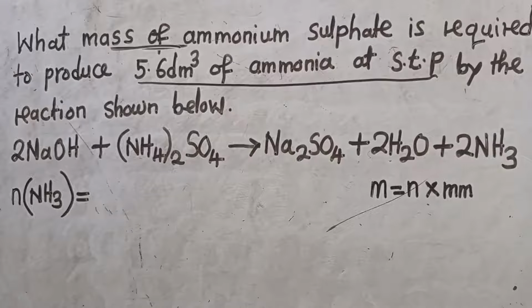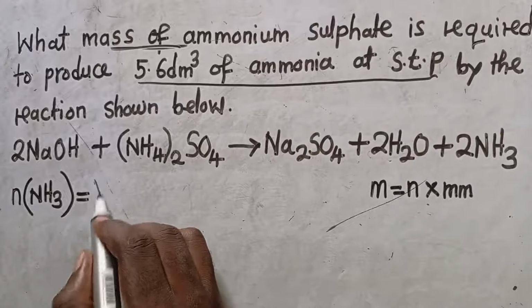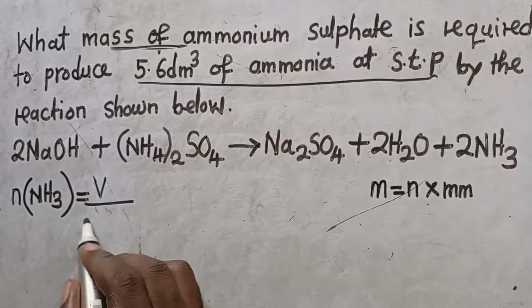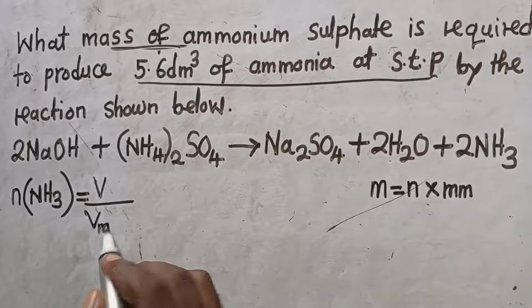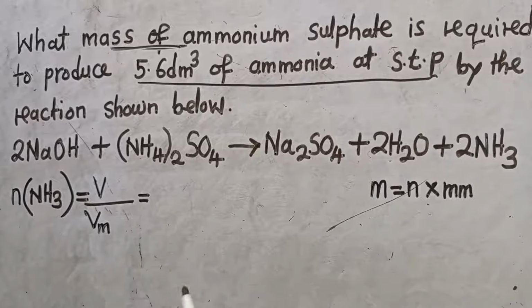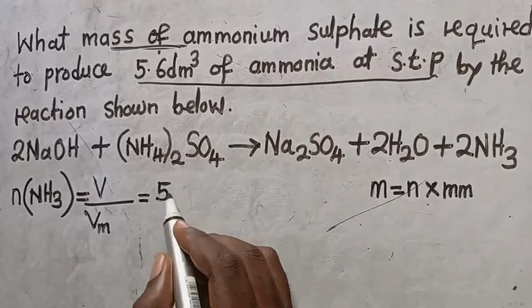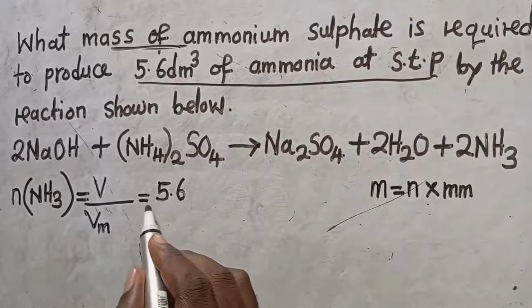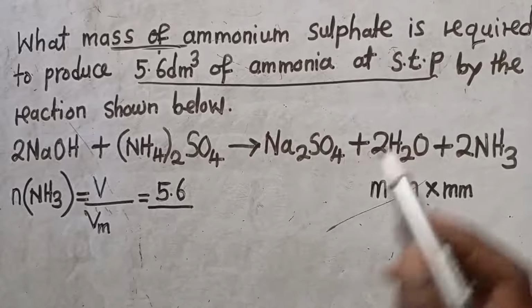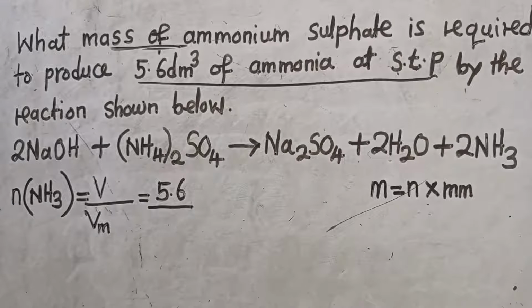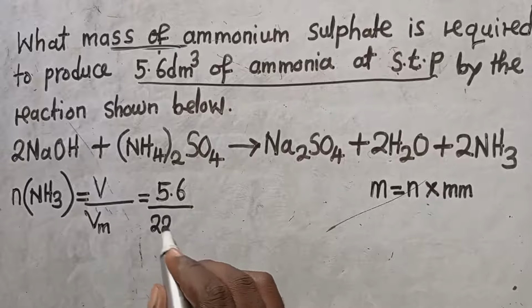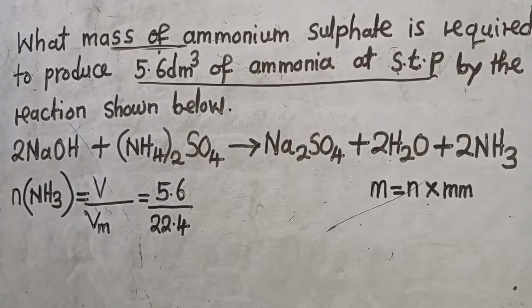Since we are dealing with the molar volume, it is volume over molar volume. What is the volume? 5.6. I won't include the units here. What is the molar volume at STP, standard temperature and pressure? It is 22.4, which is in cubic decimeters.